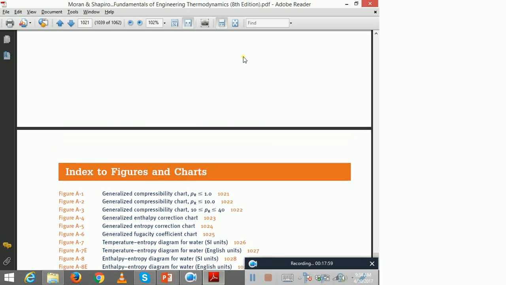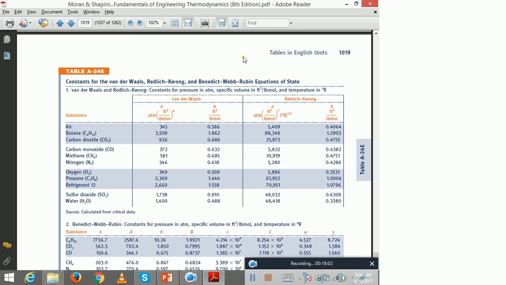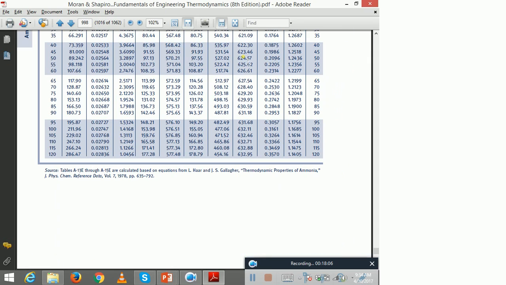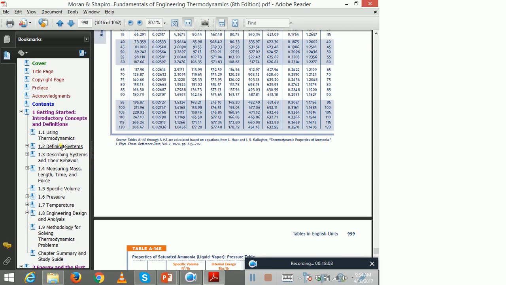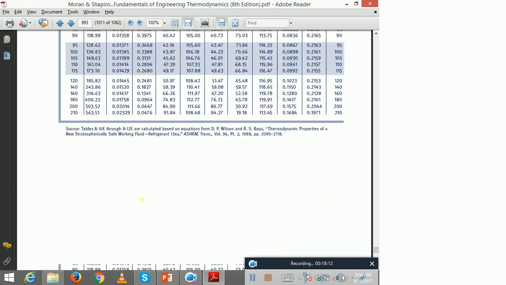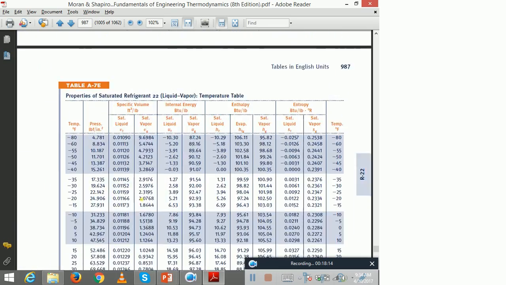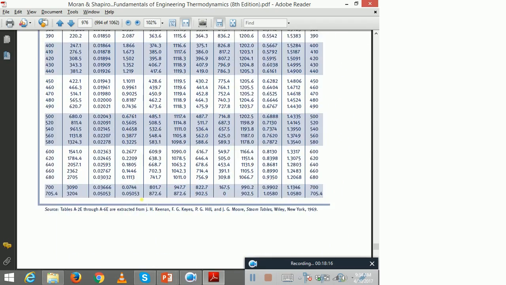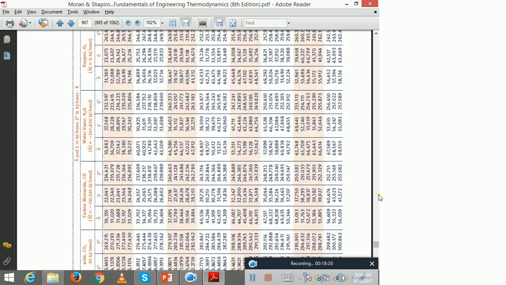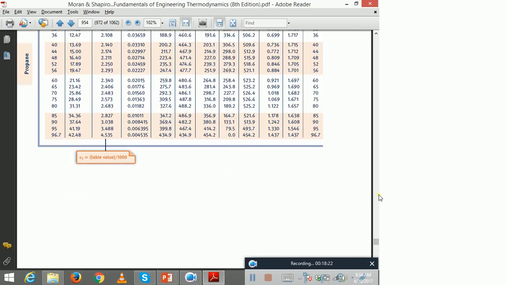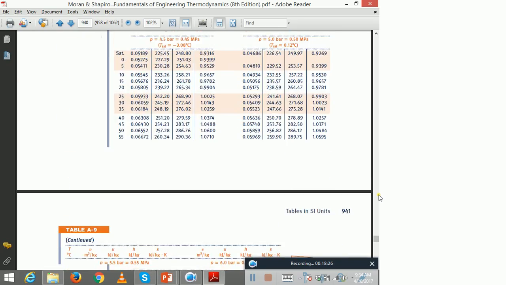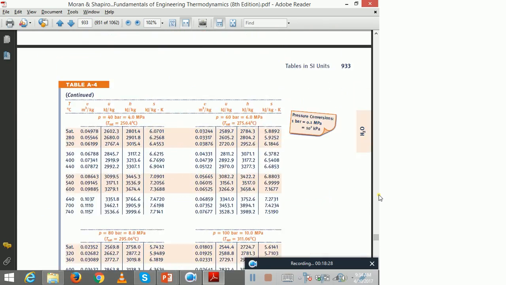I think those values are given in table A-1.